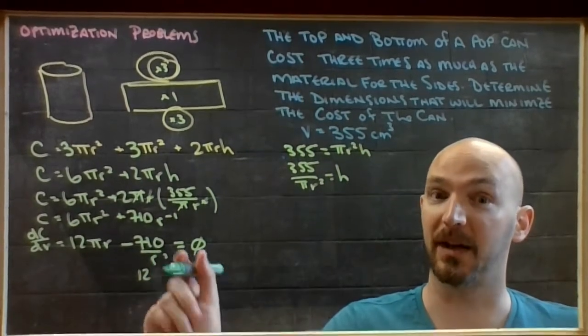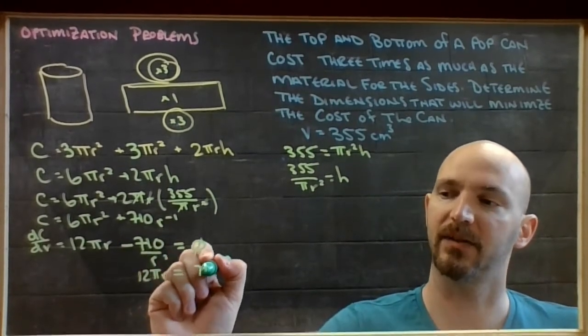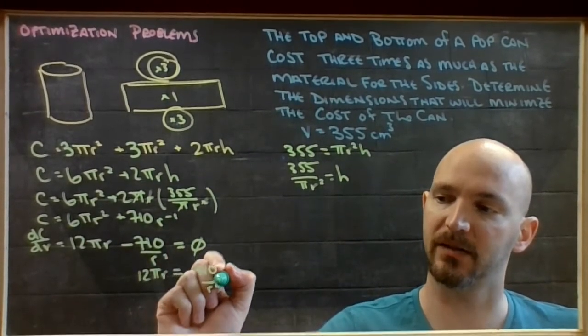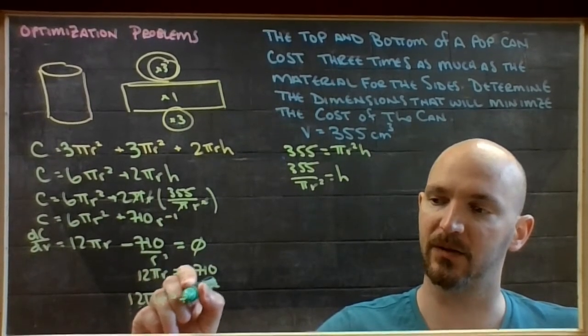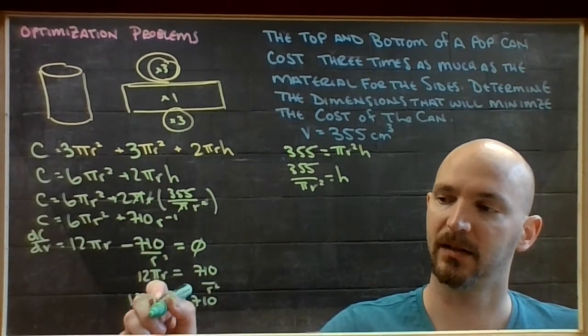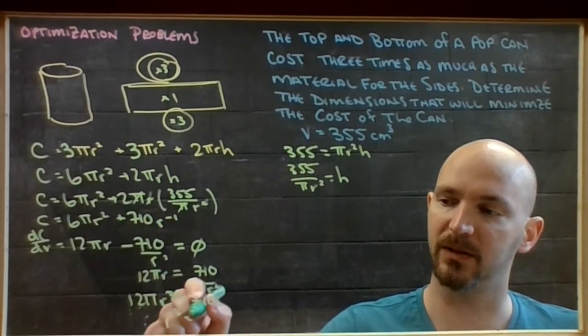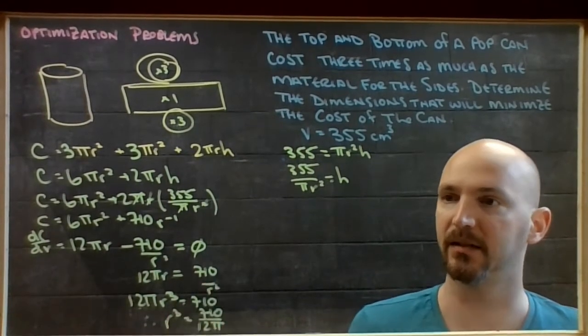12 pi r. Oops. You have to write the pi. You can't just say it. 12 pi r is 710 over r squared. Pop r squared up. I get 12 pi r cubed equals 710. Therefore, r cubed equals 710 divided by 12 pi.